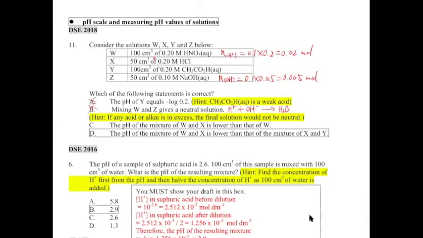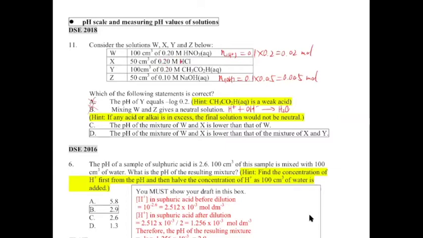Okay, so take a look. W, we have the nitric acid with 0.2 molar. So if we assume it's completely ionized, then the hydrogen ion concentration should be 0.2, right? And then we have X solution, which is hydrochloric acid, again with 0.2 molar. Again, strong acid was assumed completely ionized. Then the concentration of hydrogen ion in HCl, again, is 0.2 molar.